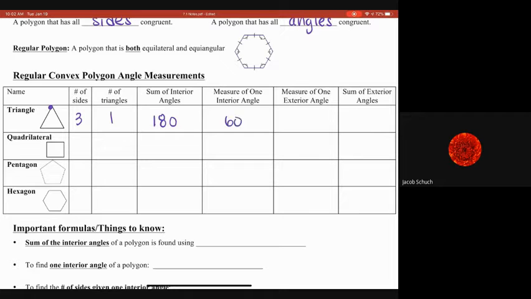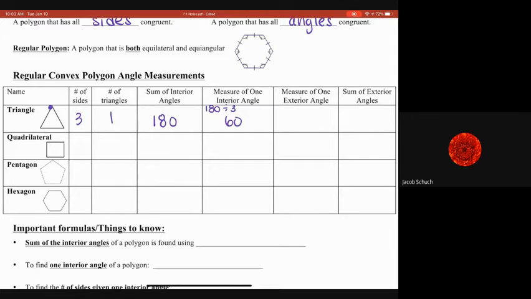If you didn't remember that, knowing that the sum is 180, is there a way you could figure that out? What would you do? Yeah, if we weren't sure, we could have just taken 180 divided by the number of sides. That would give us 60. So if all else fails, do that.